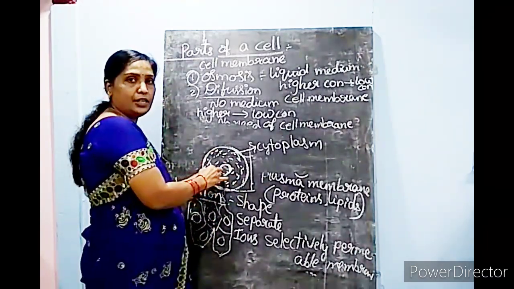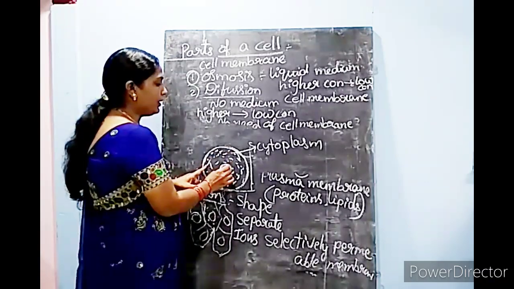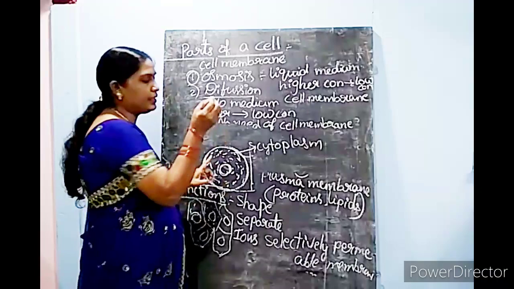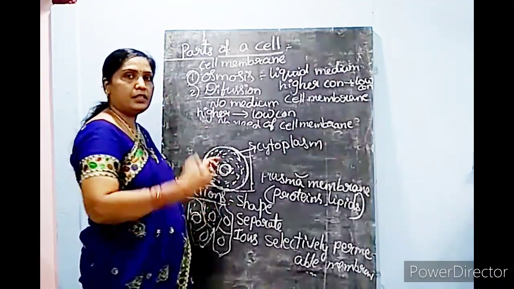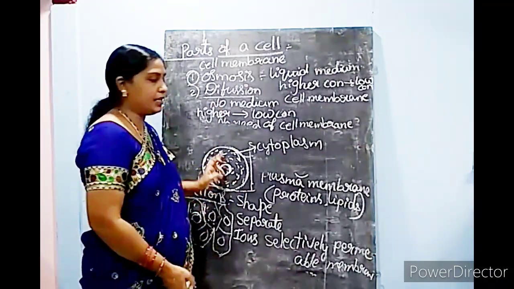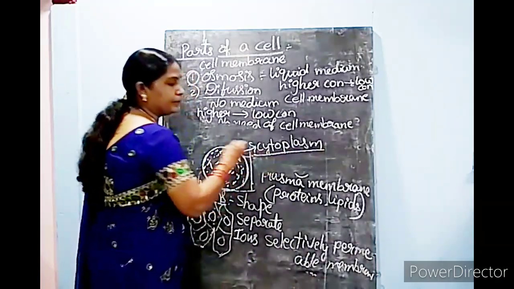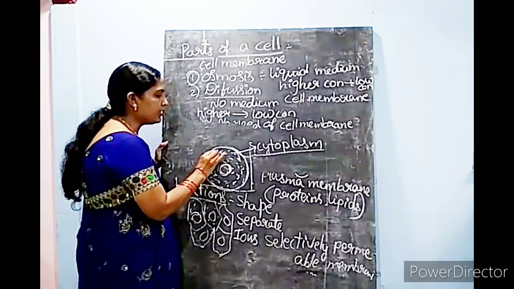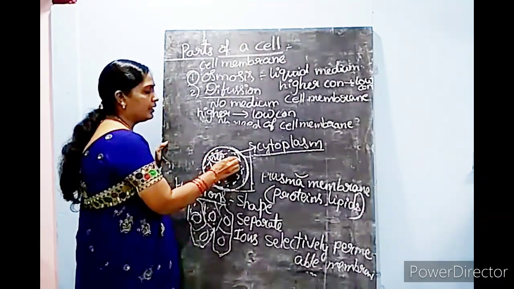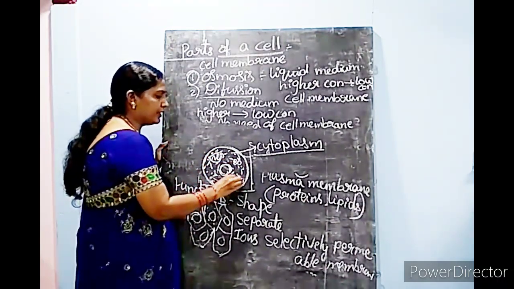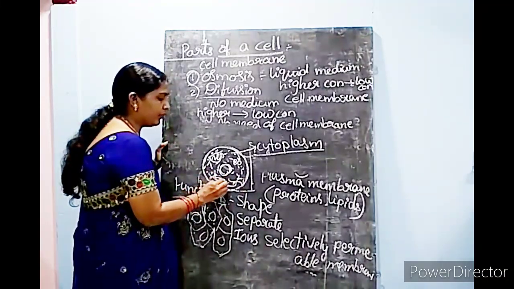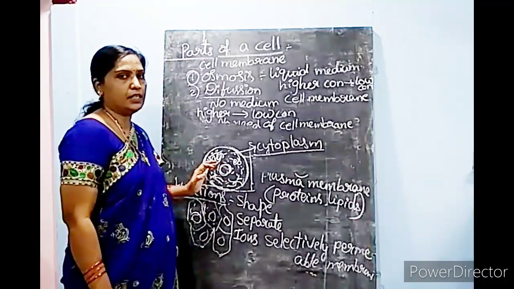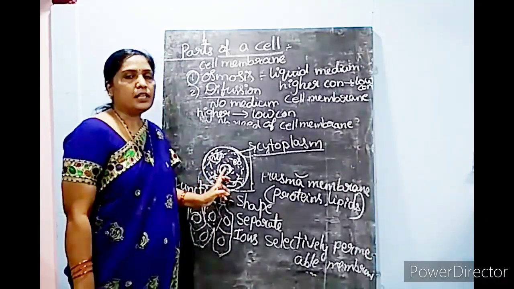So the space between the nucleus and the cell membrane is filled with a jelly-like substance known as cytoplasm. In this cytoplasm, all your cell organelles are present. They are floating in the cytoplasm.